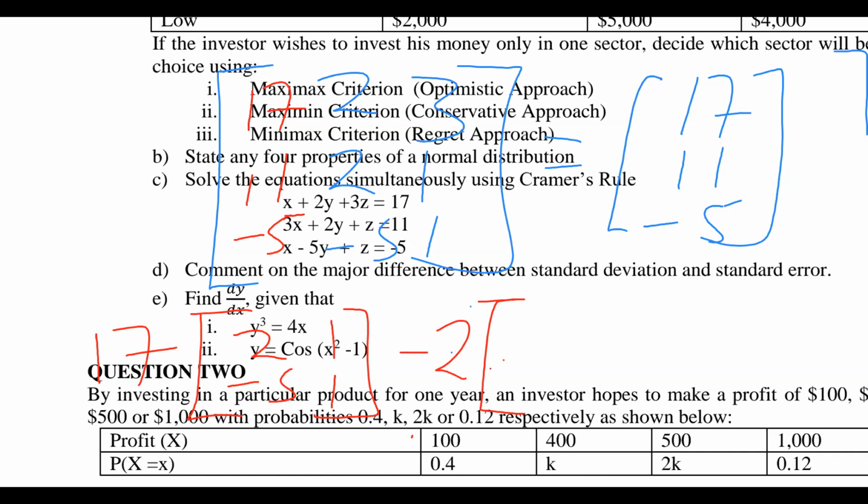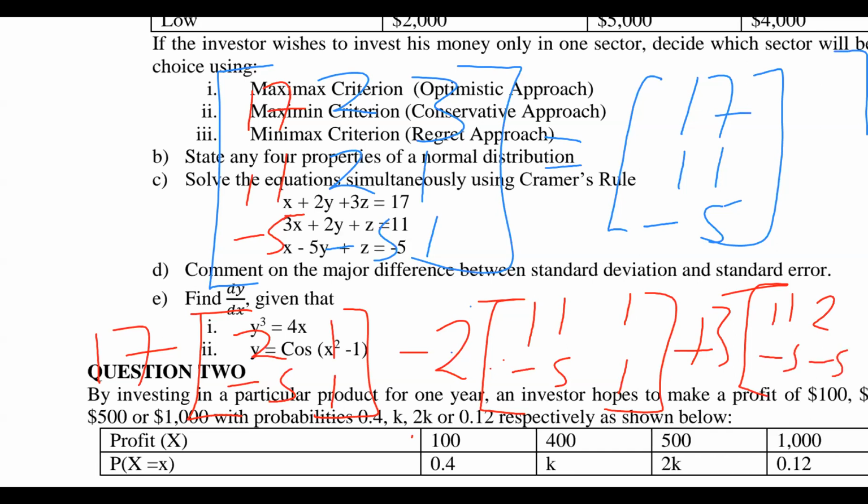And then you have positive 3. Delete the row, delete the column, you have 11, 2, negative 5, and negative 5. Happy? Happy, sir. Yes, sir.